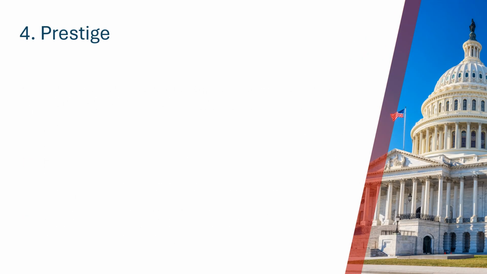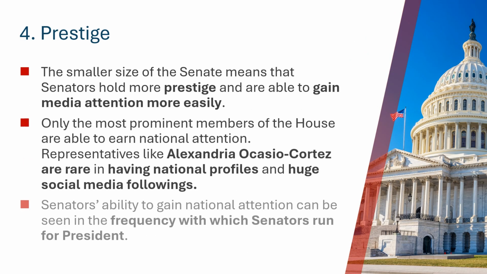Finally, the smaller size of the Senate means that senators hold more prestige and are able to gain media attention more easily. Only the most prominent members of the House are able to earn national attention. Their ability to gain national attention can be seen in the frequency with which senators run for president.